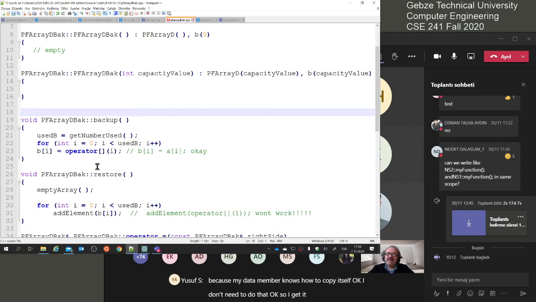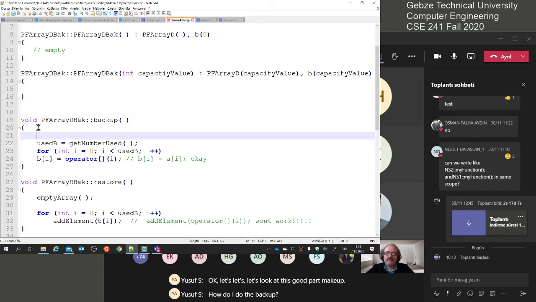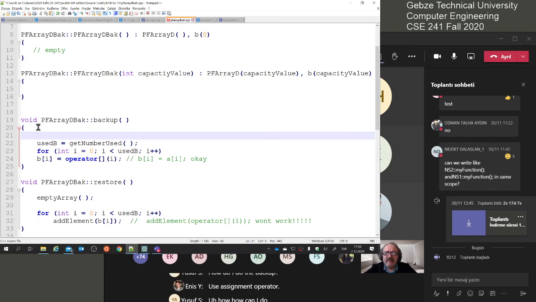Okay, let's look at this good part. Backup. How do I do the backup? We use the assignment operator. That's a good idea, but how can you write that in C++?